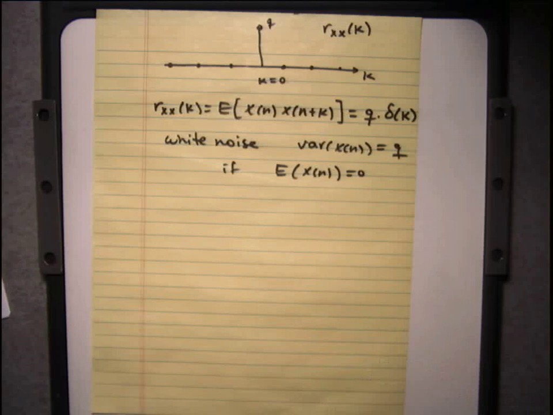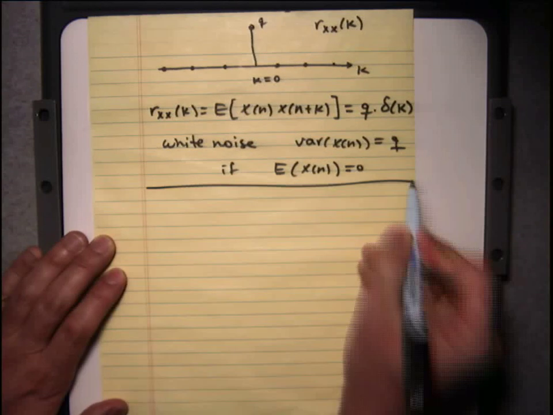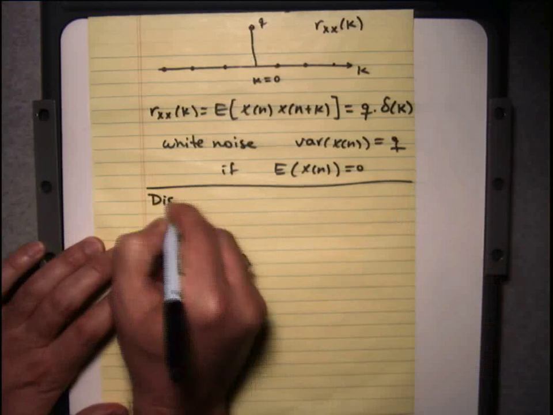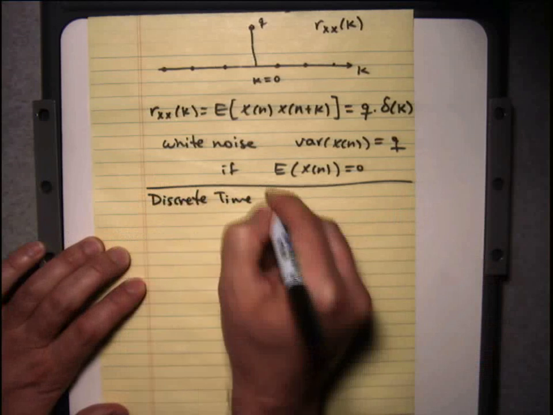Okay, one way to characterize the autocorrelation function is to look at it in the frequency domain. In order to do that, we look at the discrete time Fourier transform.